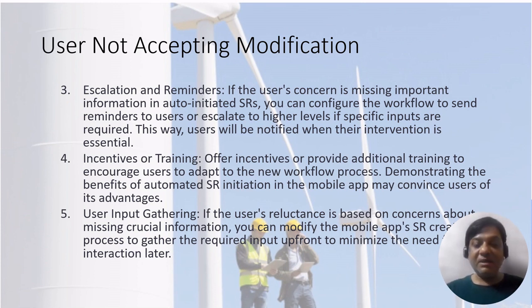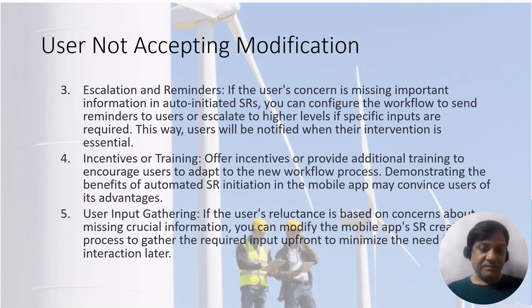If the users are reluctant and are missing crucial information, you can modify the process by which mobile app SRs are created to gather the required inputs upfront, to minimize the need of interaction later.